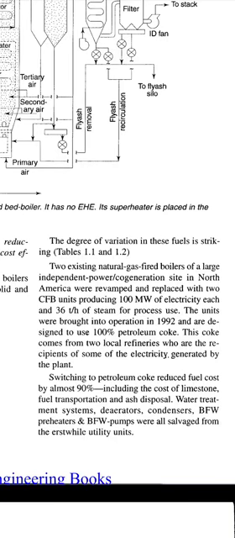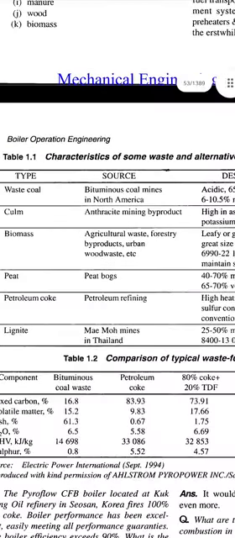This coke comes from two local refineries, which are recipients of some of the electricity generated by the plant. Switching to petroleum coke reduced fuel cost by almost 90%, including the cost of limestone, fuel transportation, and ash disposal. The water treatment system, deaerator, condenser, boiler feed water preheaters, and boiler feed water pumps were all salvaged from the erstwhile utility units.